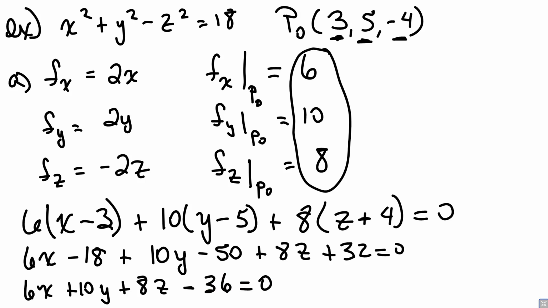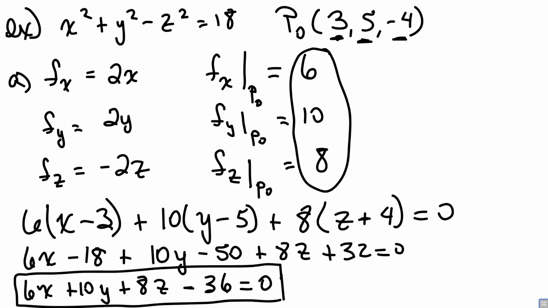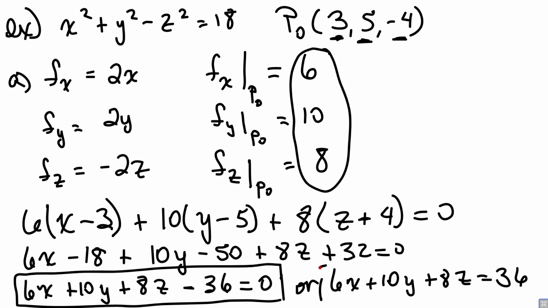All right, so this is one way to represent the solution for the tangent plane, or you could write it as 6x plus 10y plus 8z equals 36. Okay, so either one of these is correct. Any questions there?